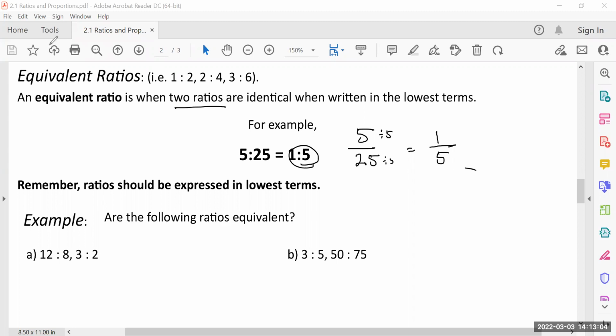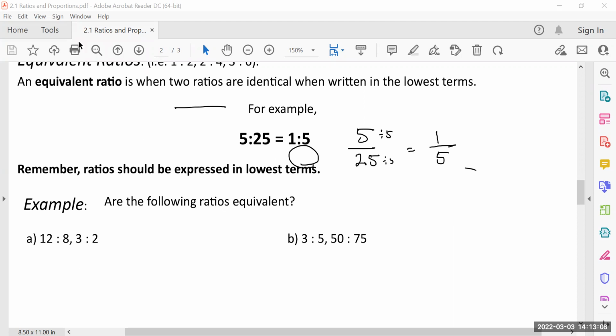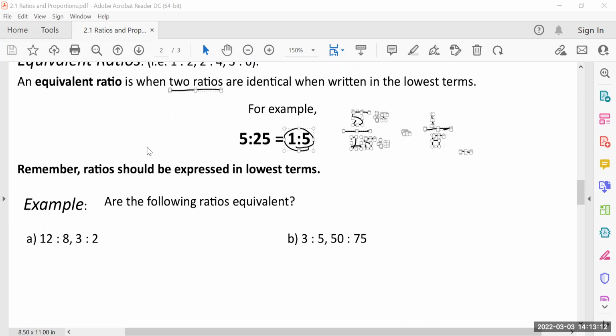So let's figure it out. Take a look at the first example on the bottom. 12 to 8, 3 to 2. Are they equal? Or are they equivalent ratios? What do you think? How would I get 8 to become 2?